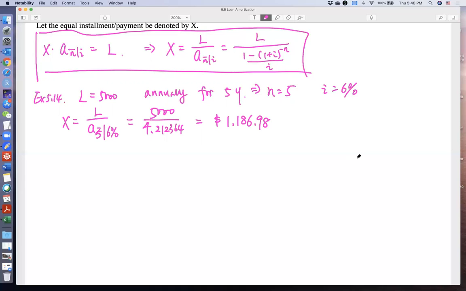Let's use B_t to denote the outstanding amount, meaning the amount you still owe at time t, after the payment at t.